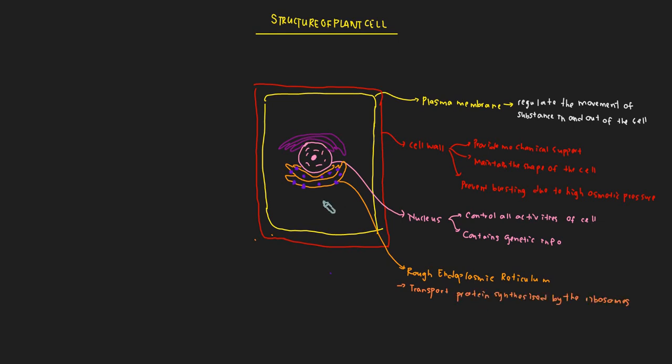Next, we are going to label the ribosomes and their function. So these are the ribosomes. The main function of ribosomes is protein synthesis. What happens is that the nucleus contains the genetic information of the cells, and inside the nucleolus is where RNA is produced.